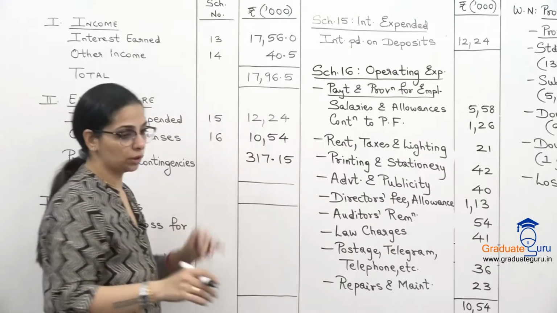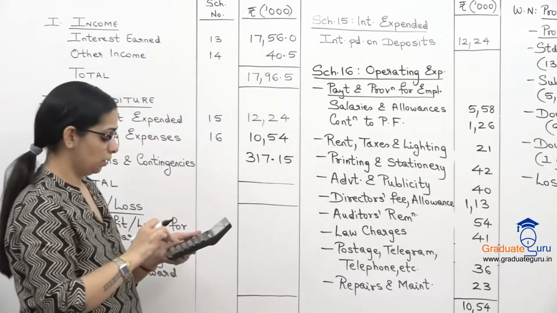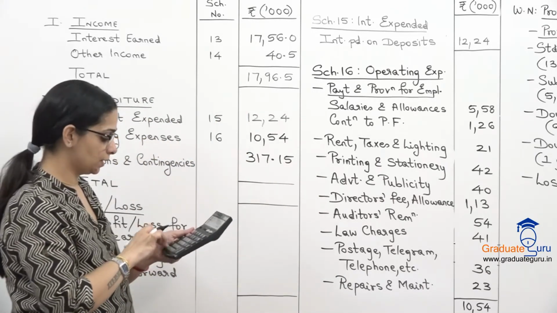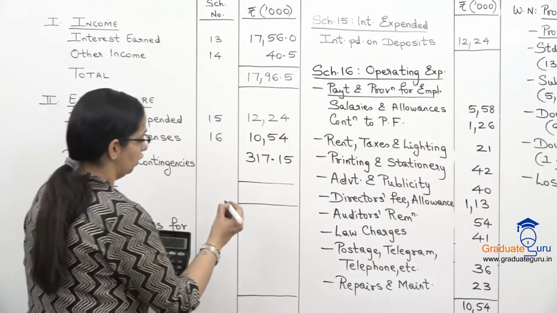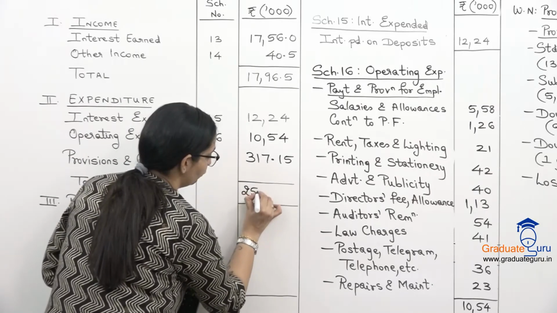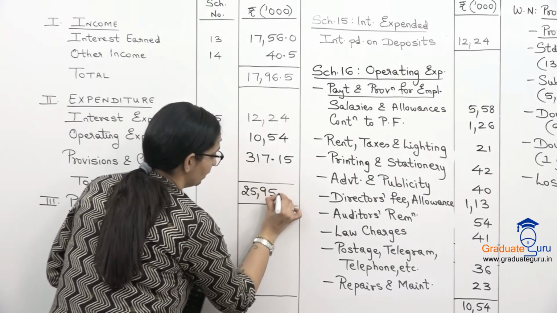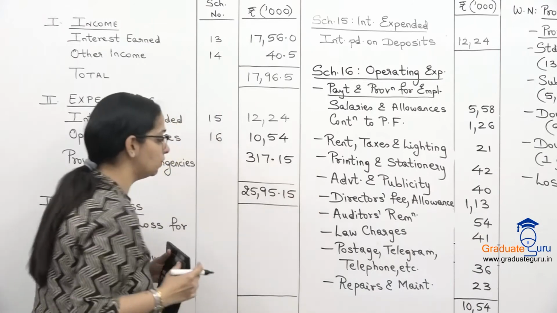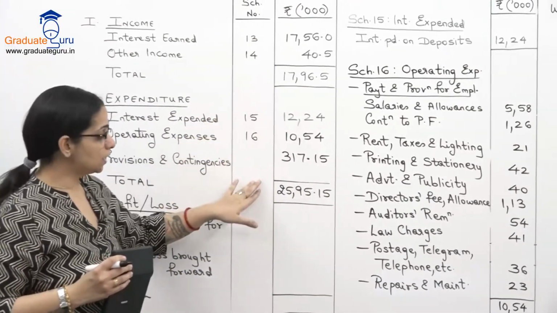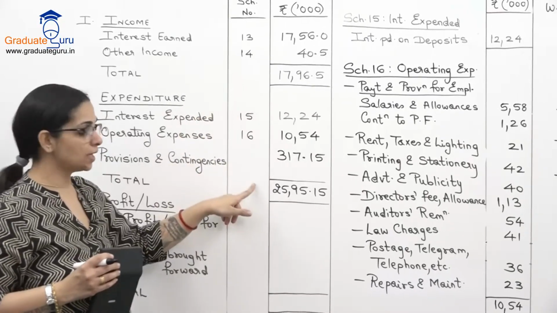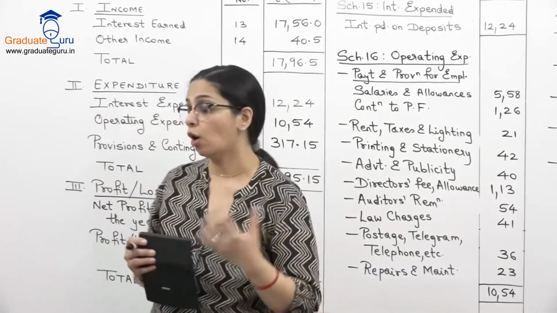and we'll take the total of our expense side. So 1224 plus 1054 plus 317.15, we get 2595.15. Now this is our income, this is our expense. So income minus expense will give you your profit for the year.